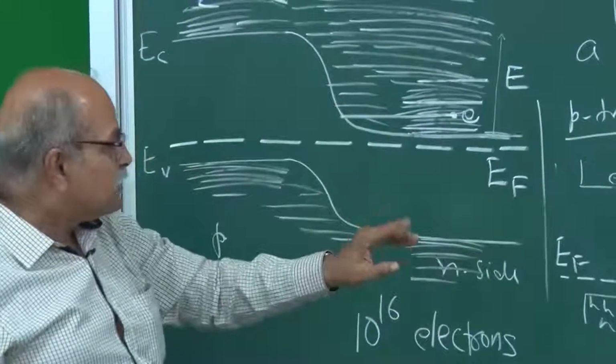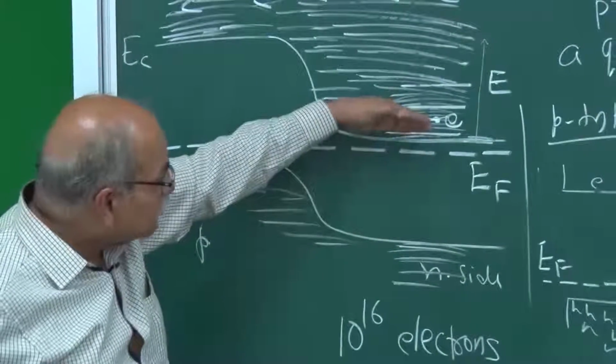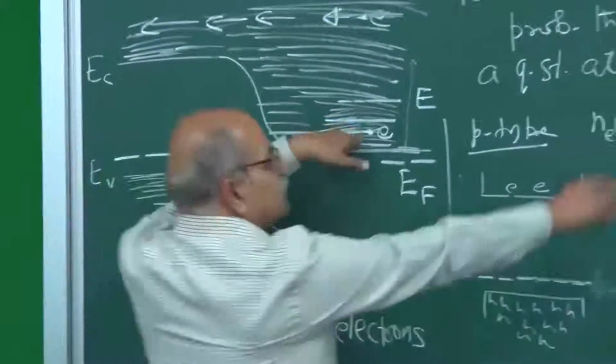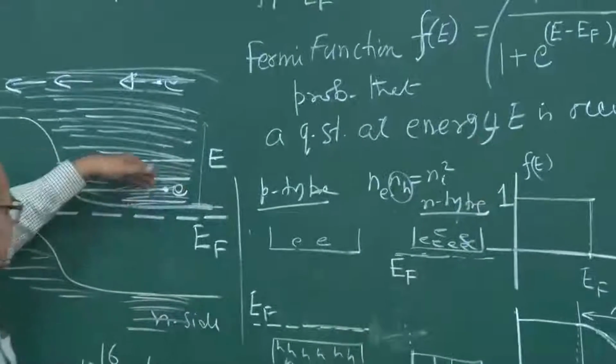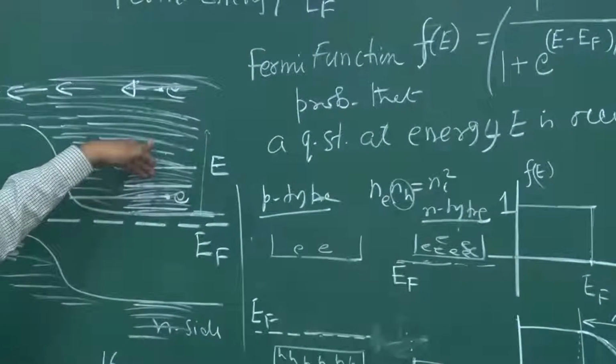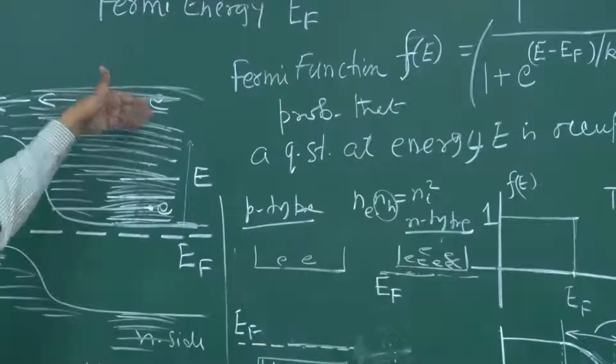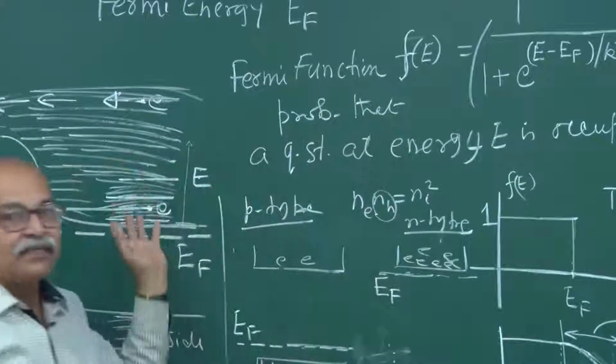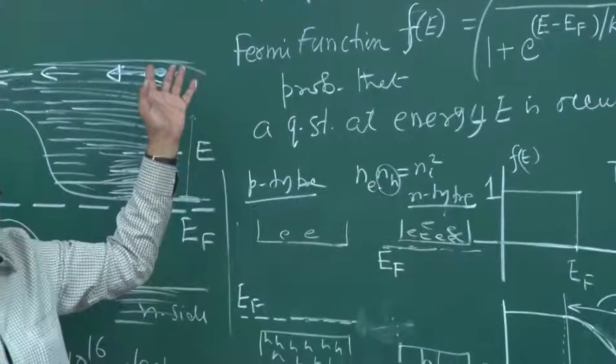You have one parameter: the probability of occupation of this one is given by this expression, and you put different energies E and you can get the probability.